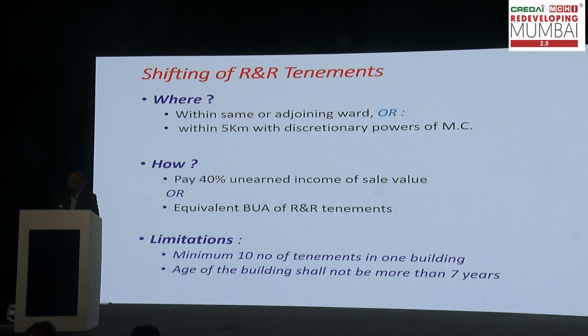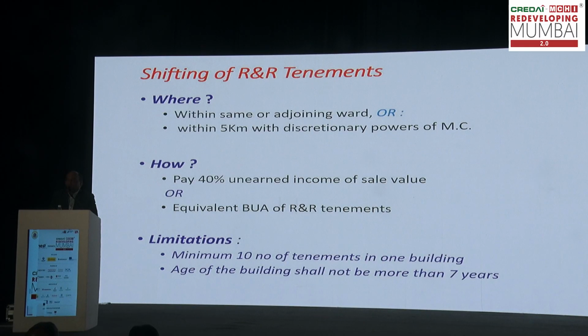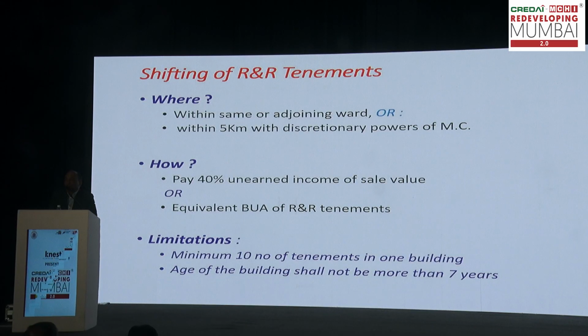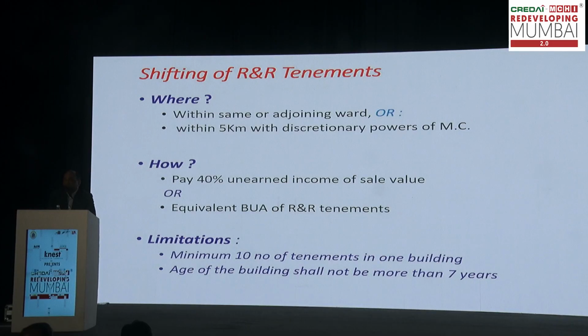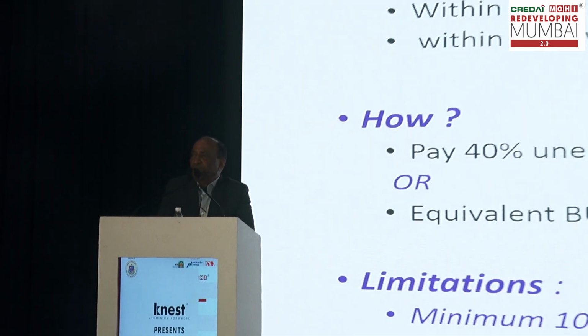They may be the project affected persons, because BMC has taken a lot of infrastructure projects for widening of the roads or other infrastructure projects. So they need a lot of PAP tenements. These tenements will be used for allotting to such people.